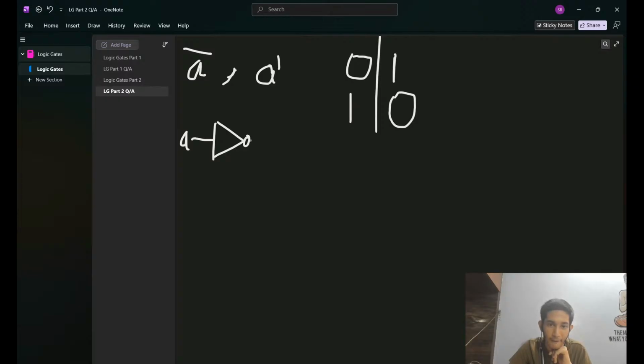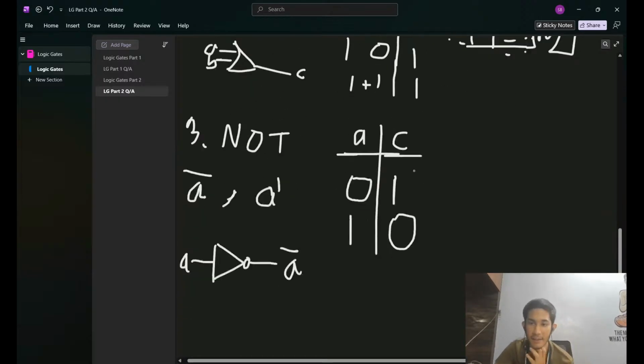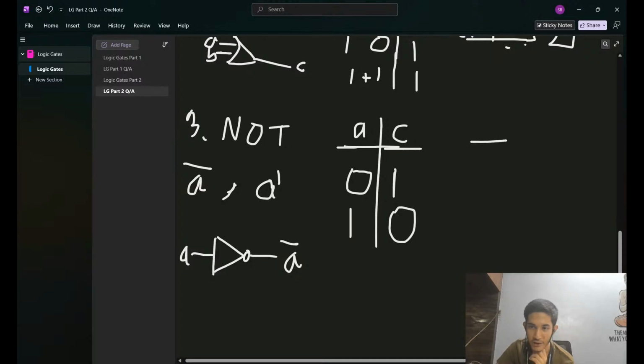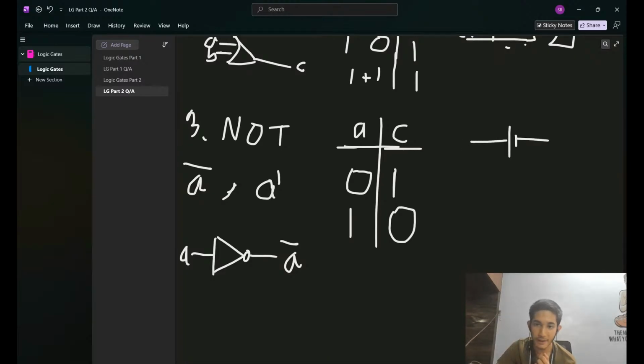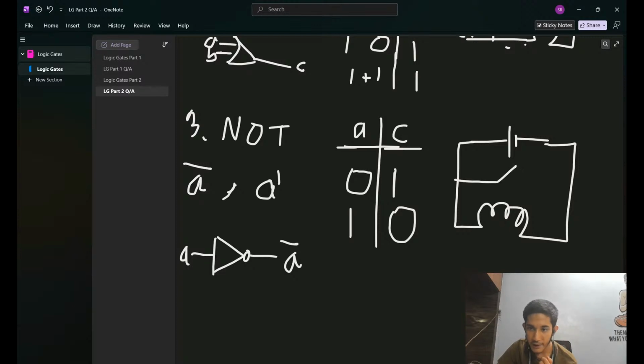So that's what. And the circuit form is basically a short circuit because we want no current to go when the switch is closed, and we want current to go when the switch is open, right? So now, if I have a switch here, then if the switch is open, the current will simply pass through here, right?